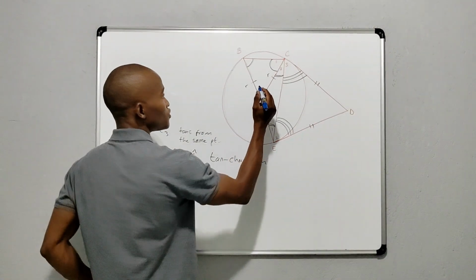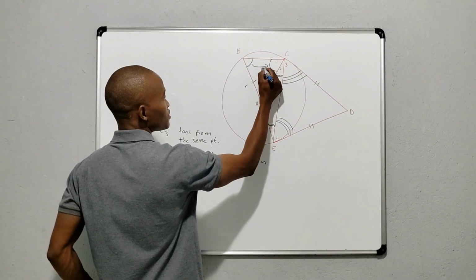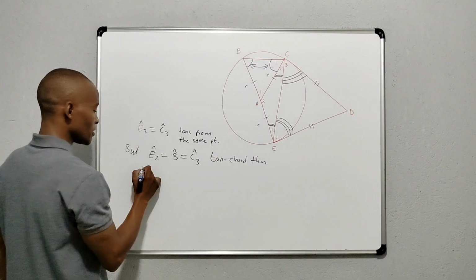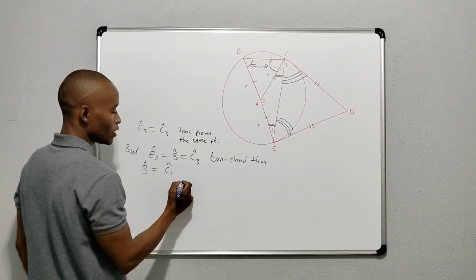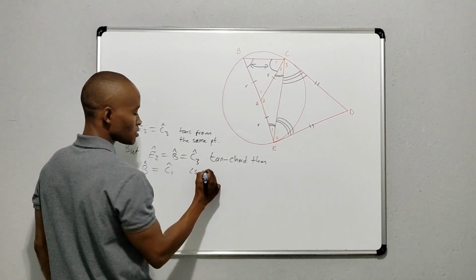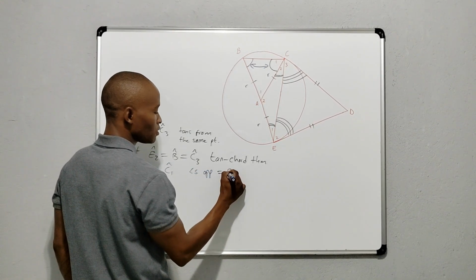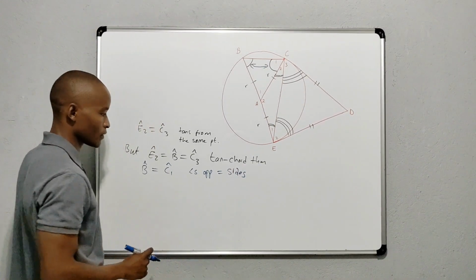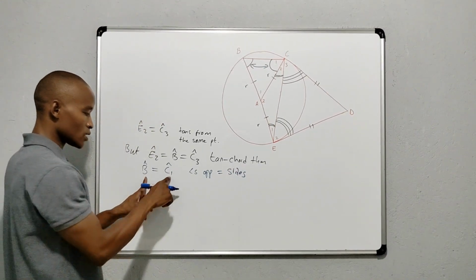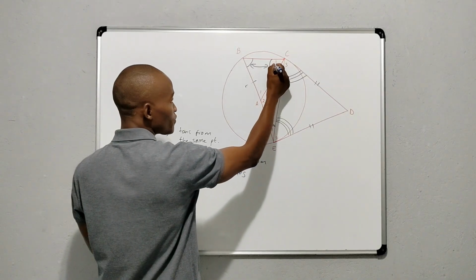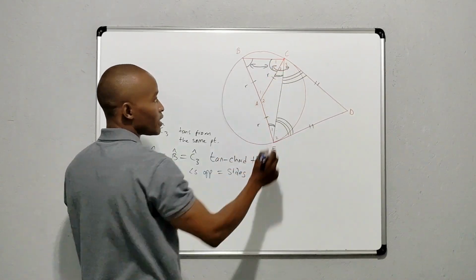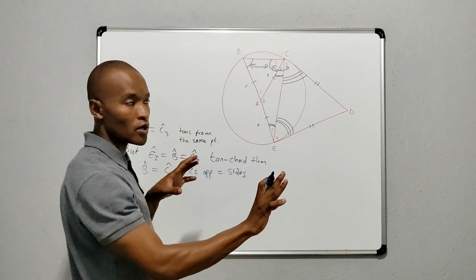What are we going to do from now? We're going to connect these two. We know that angle B is also equal to angle C1 because these are angles opposite equal sides. So angle B is equal to angle C1, angle B is also equal to C3. So we've connected these two angles here in the two respective triangles.